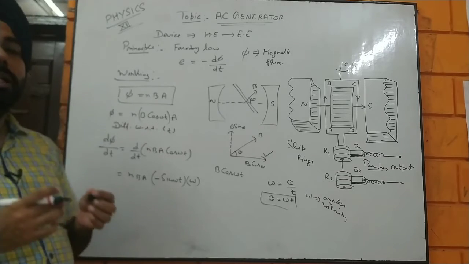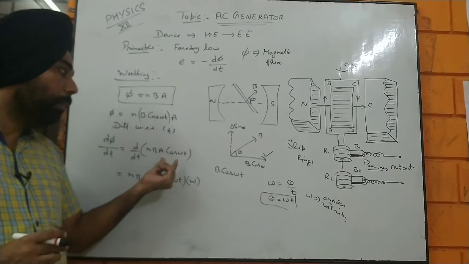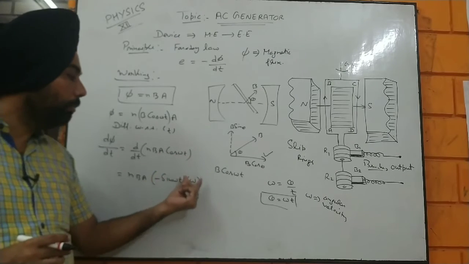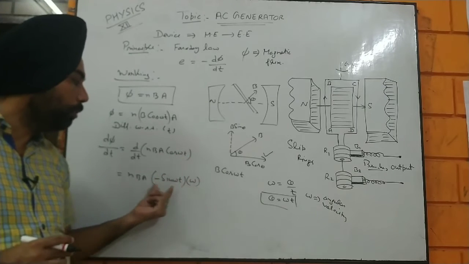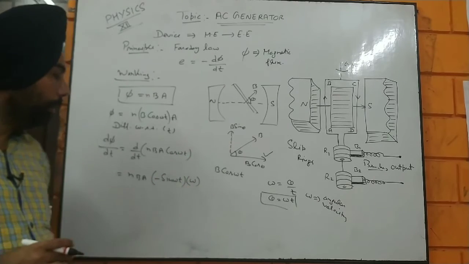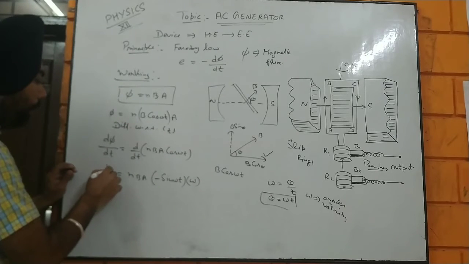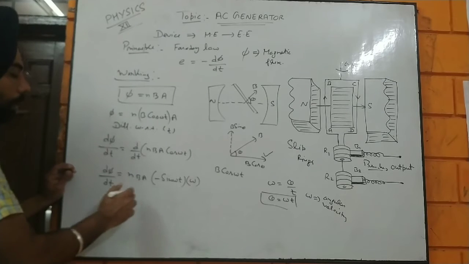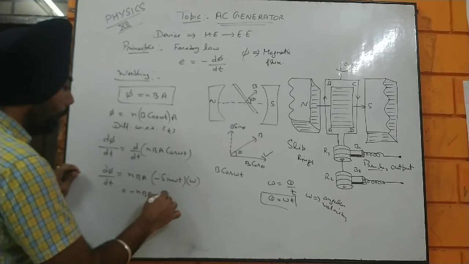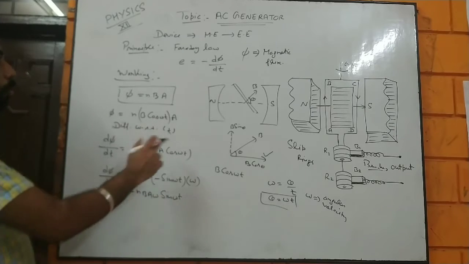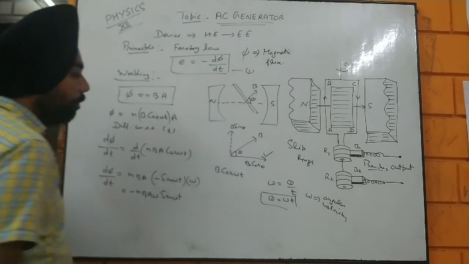As you know, the differentiation of cos is minus sine, and we multiply by the differentiation of the angle, and the differentiation of omega t is omega. That is how omega comes here. So d phi upon dt is going to be minus N B A omega sin omega t, and we use that value in equation 1. We got our answer.